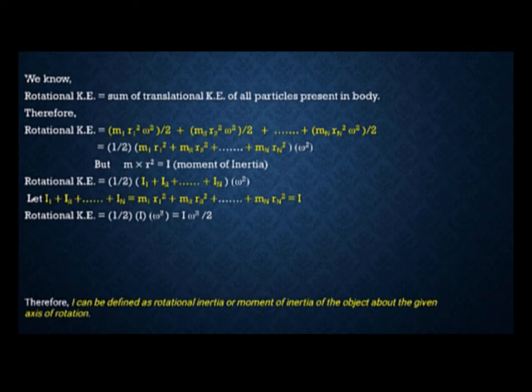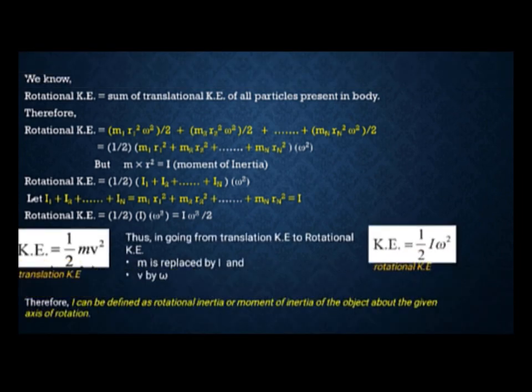For the comparison of linear motion and rotational motion, the formula for linear or translational motion is 1/2 m v square, while for rotational motion it is 1/2 I omega square. Here m is replaced by I and v is replaced by omega.